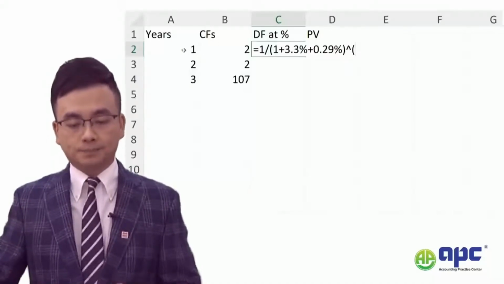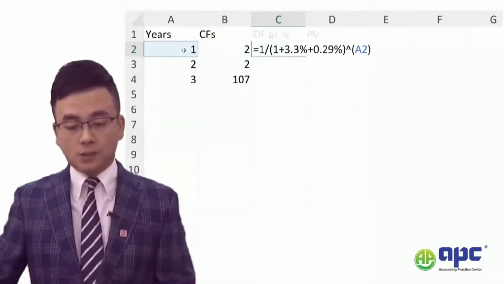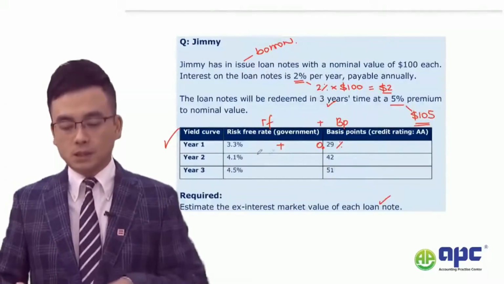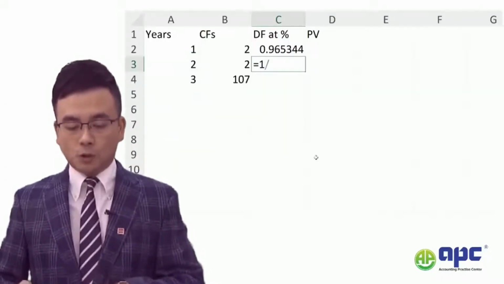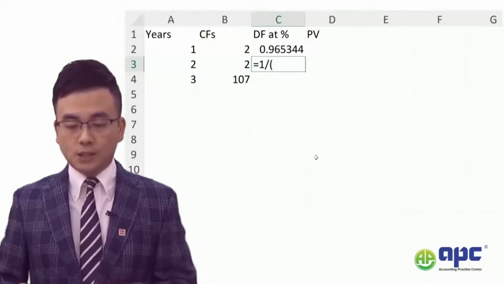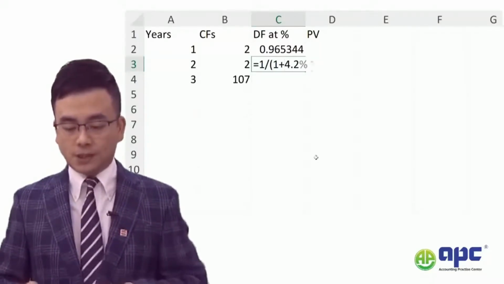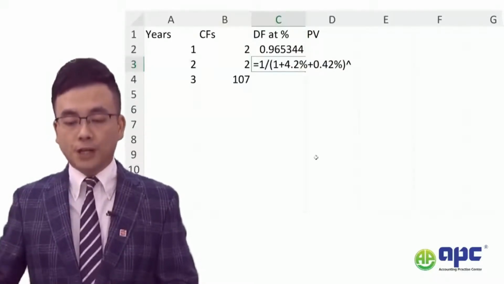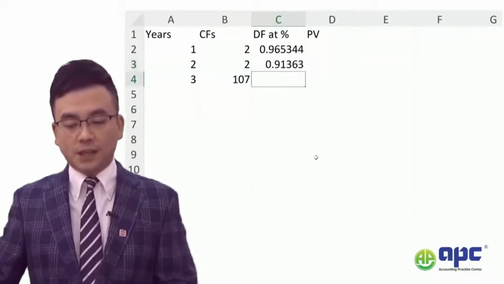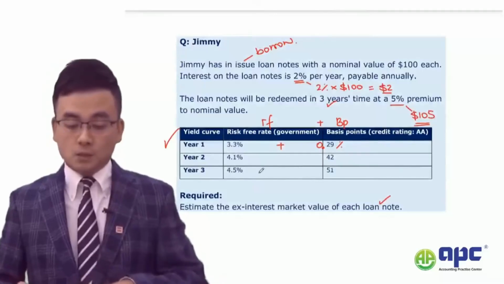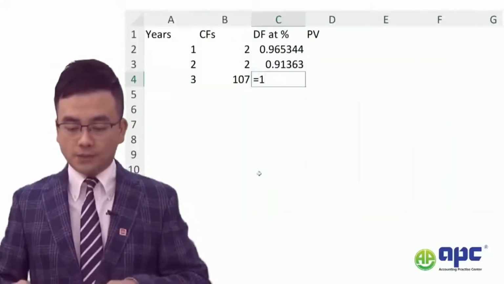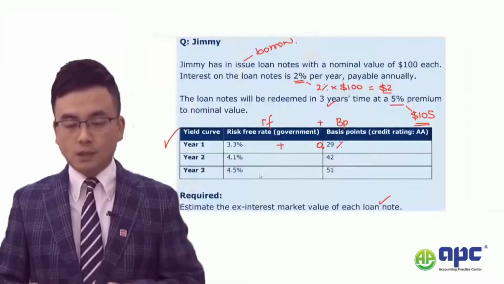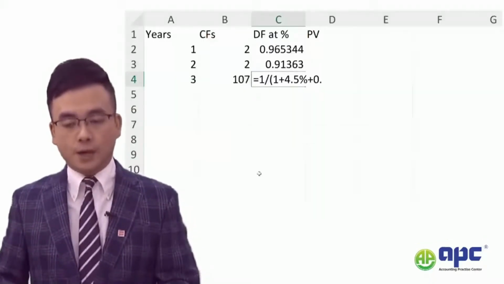Close the bracket. Now, year 2, we take 4.1%, so equals 1 over 1 plus 4.2% plus 0.42% for the power of 2. Number 3, now 4.5%, so 1 over 1 plus 4.5% plus 0.51% for the power of 3.